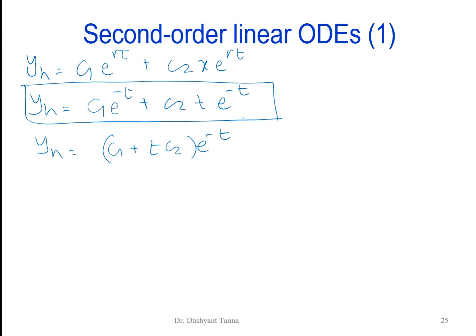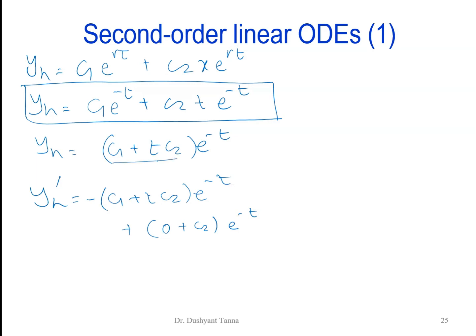Now I also want to talk about YH dash. Multiplication rule. This one stays as it is, e raised to minus t. Differentiation of e raised to minus t, and a minus comes in front. Differentiation of this is 0, tc2 says c2 and e raised to minus t. What we did is differentiation product rule, right?